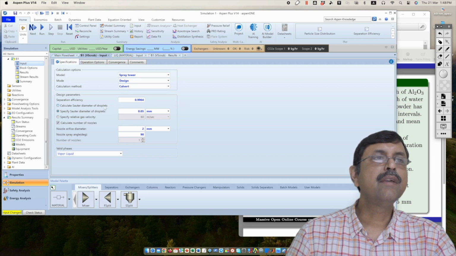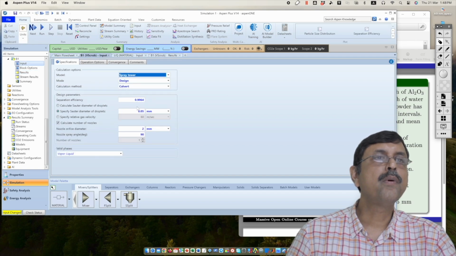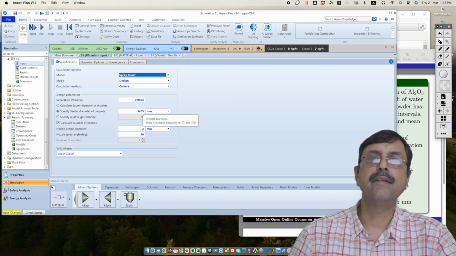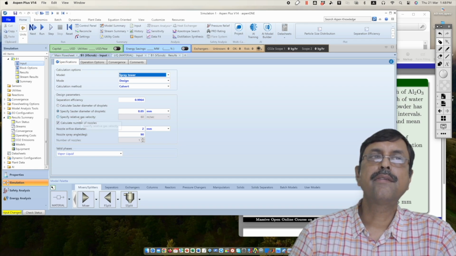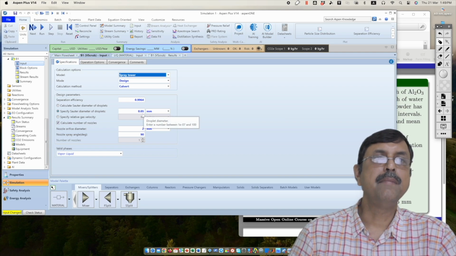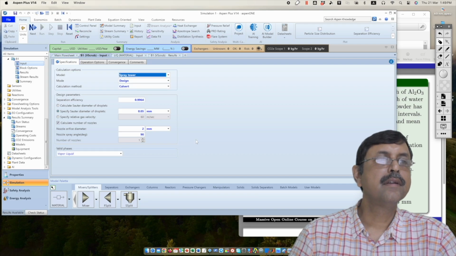So we give the separation efficiency as before, but we have reduced the Sauter mean droplet diameter from 0.18 to 0.05 millimeter. Okay, so this is our desired. So we have to design the scrubber so that the Sauter diameter of droplet is 0.05 millimeter. Run the simulation with that.